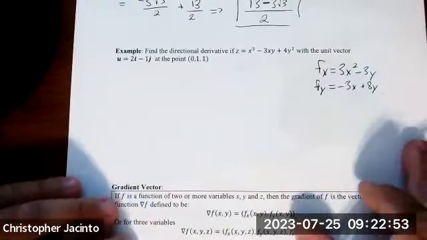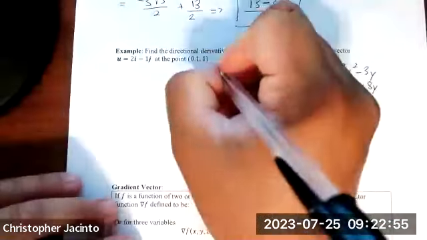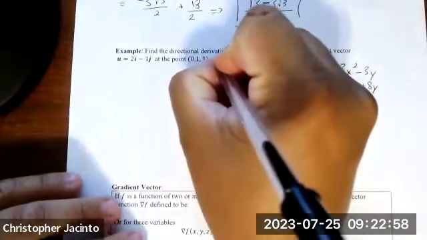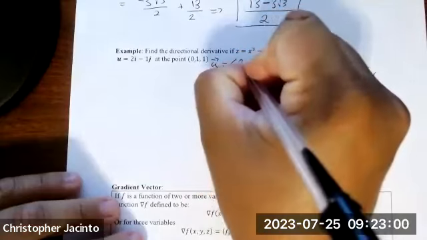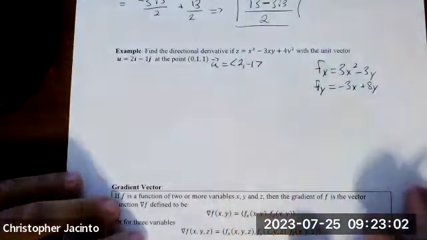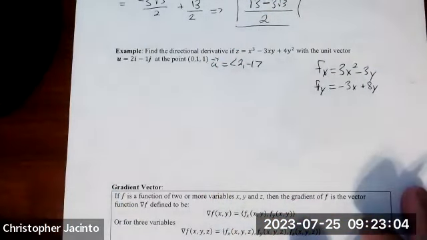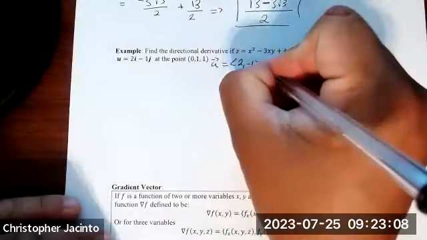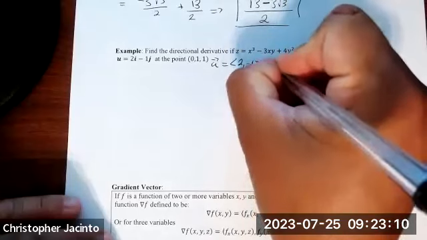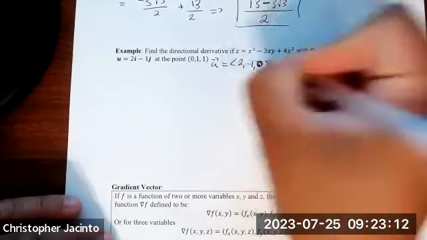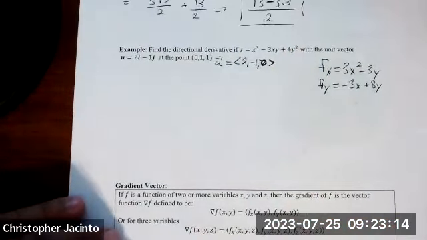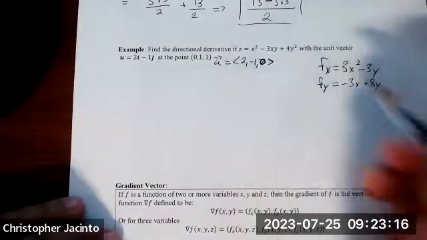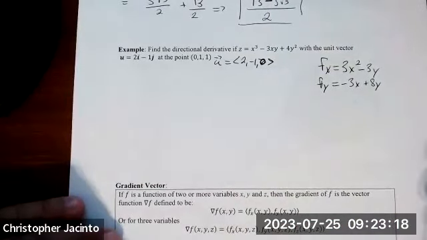There you go. Now this time our vector is 2, -1. Or in general, because we have 3 terms, 0, because we have the k value there, right? So 2, -1, and 0 because we have the k value, and we're in 3 dimensions. Okay.